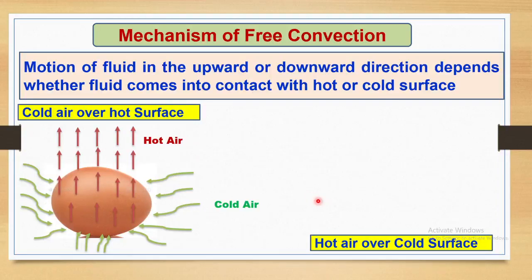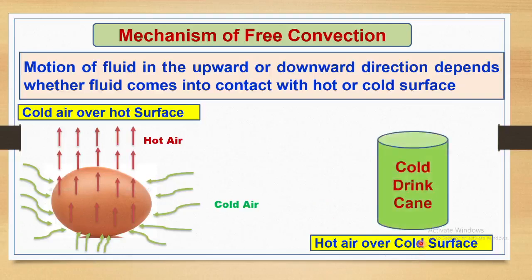However, if hot air is flowing over a cold surface, for example, let us consider a cold drink can which is chilled and is exposed to the hot surrounding air.